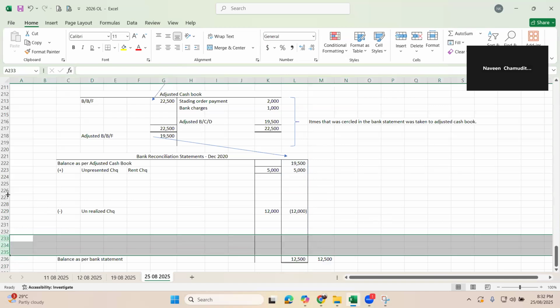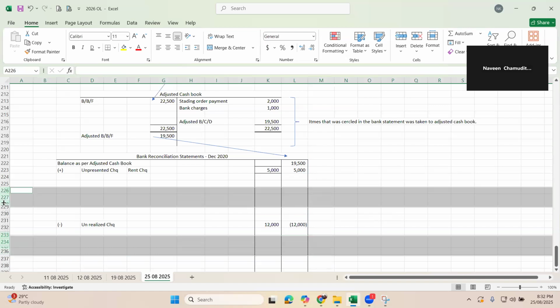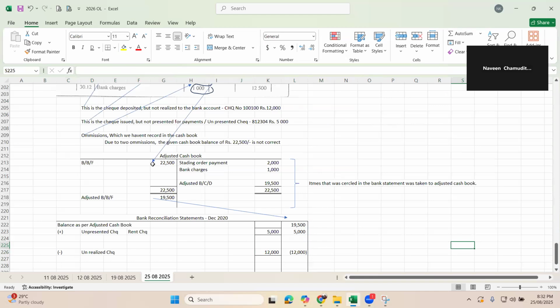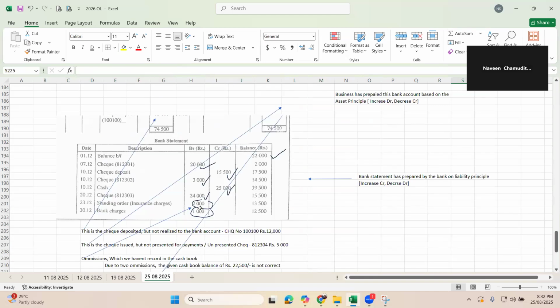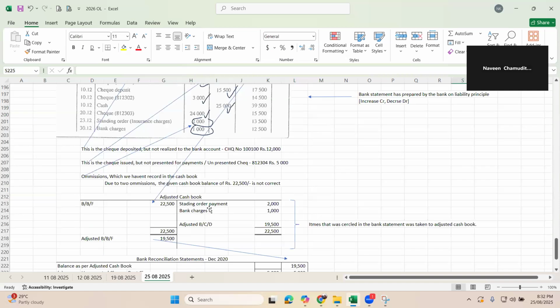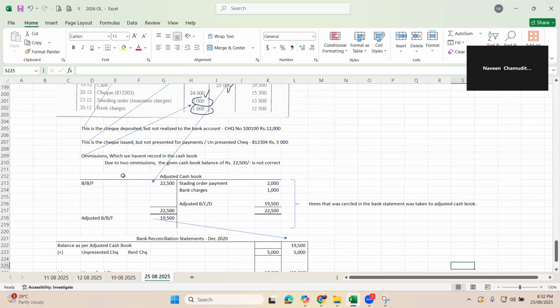This is how the bank reconciliation question will be done in the exams. Remember, this is the way you should do, right? So if the examiner is asking to identify reasons for the difference, you tick each other, then identify the reasons. Then if the examiner is asking you to prepare the adjusted cash book, this is the way you do, right? So items that are not recorded in the cash book will be taken under the adjusted cash book.